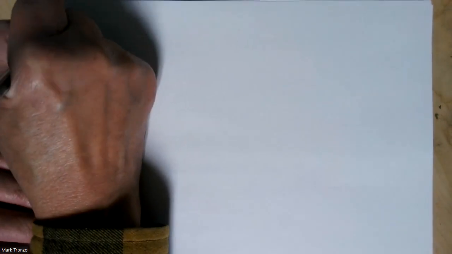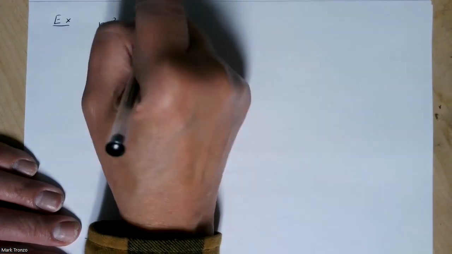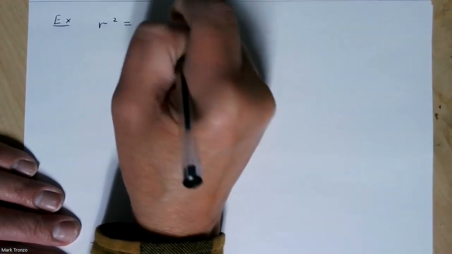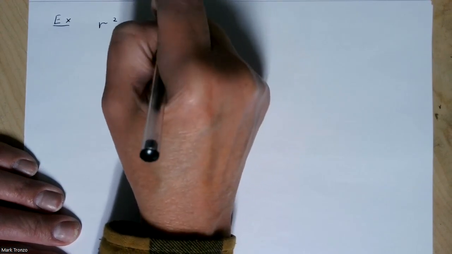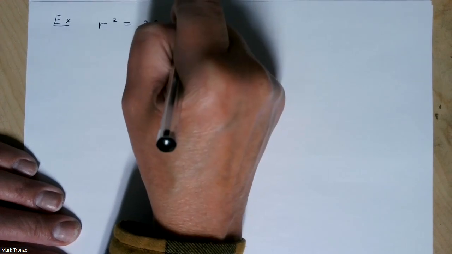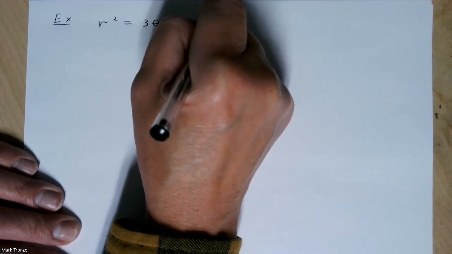Let me maybe do just one more. Let's do this one. Let's say we have an r squared here. Don't let that throw you off. And so let's say we have a 3 theta plus 4 sine theta.